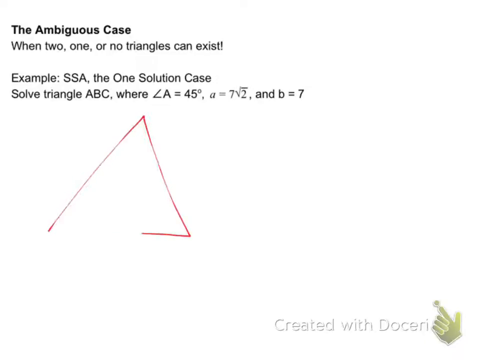Just gives us random sides of A, B, C, and so forth. So I'm going to default to my acute triangle A, B, C with A, B, and C. And I'm just going to fill it in with the information that I'm given. Like angle A is 45. Side A is 7 square root 2. And B is 7.